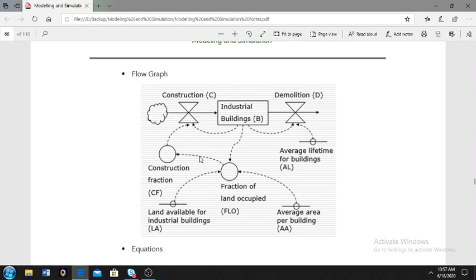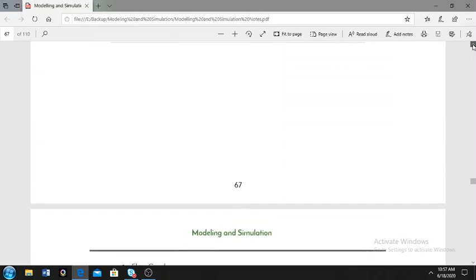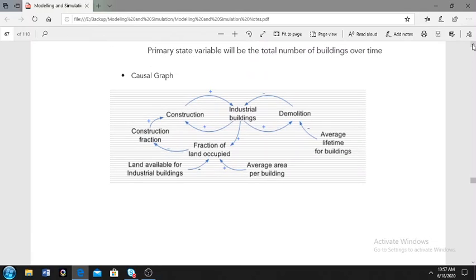The other variables are all auxiliaries, but these ones are constants, like average. Constants are also auxiliaries, only that they don't vary, so they're not variables.